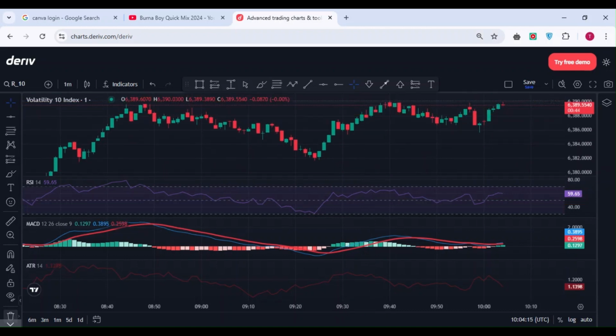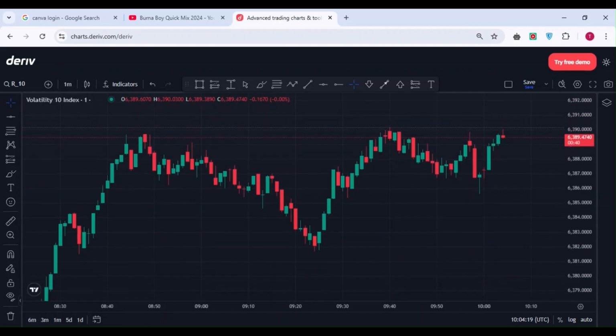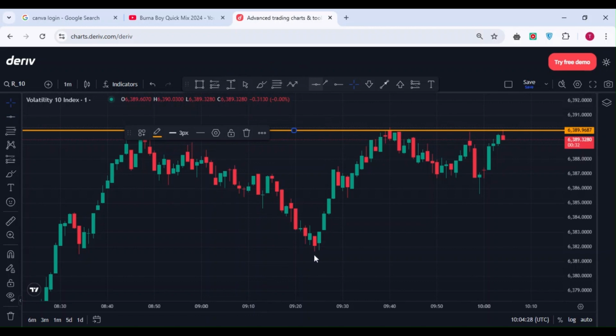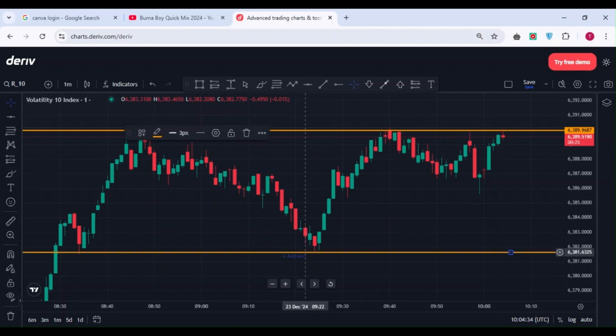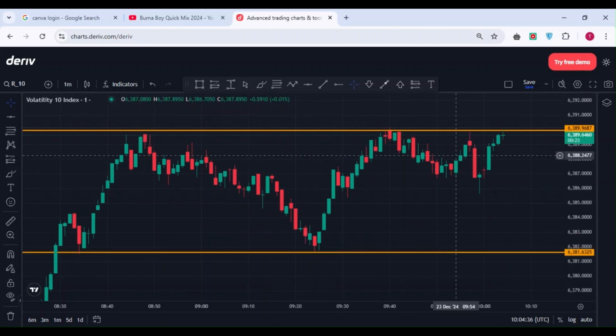So let me first remove these indicators. We now have our points to look at. We have this point here. The breakout of these points is what will determine our key direction. Between the two points is what will determine the next significant move.